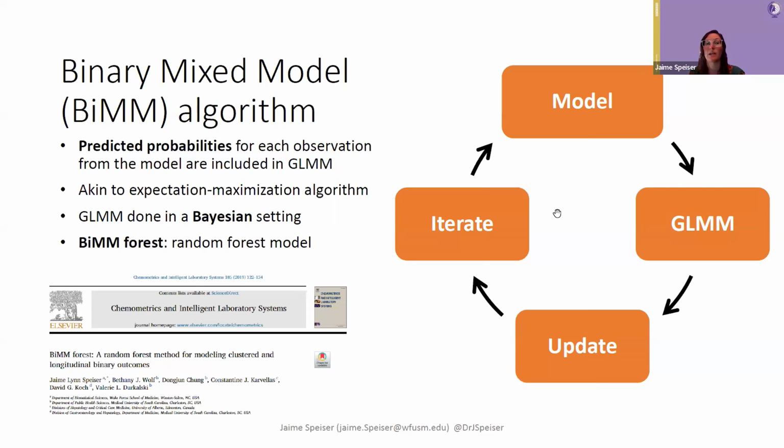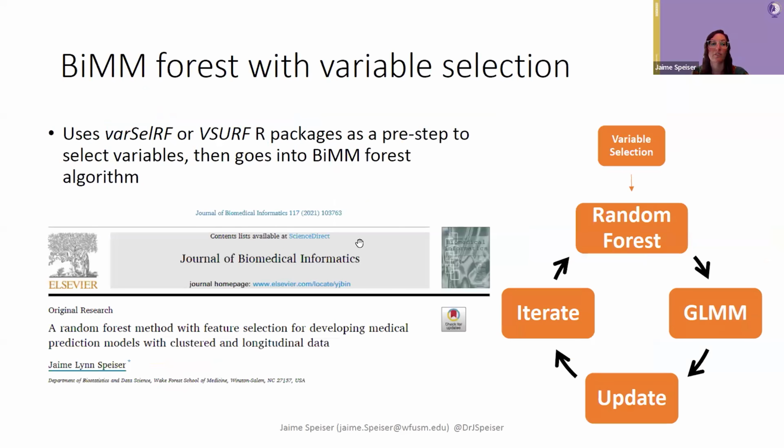Initially, I developed a method called BIM tree, which was a decision tree method, and later extended that to random forest with BIM forest. Then when I started my faculty position, I added variable selection as a pre-step, using packages already developed to select variables that then go into the BIM forest algorithm.